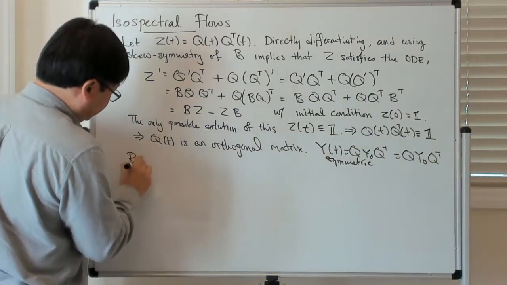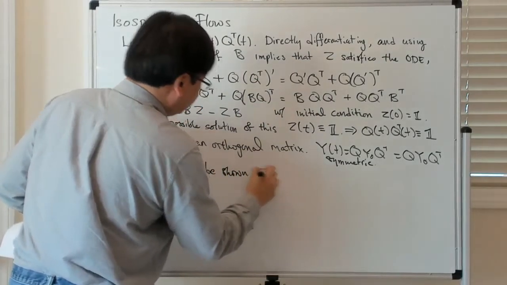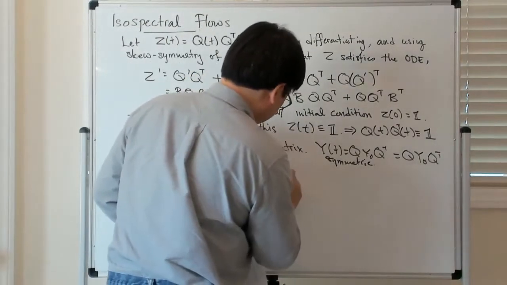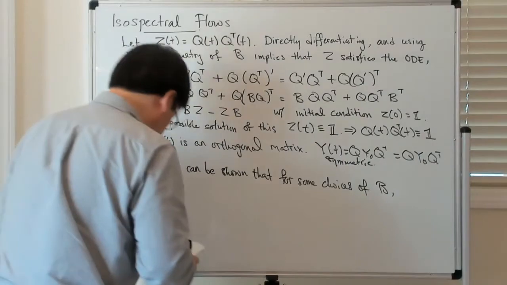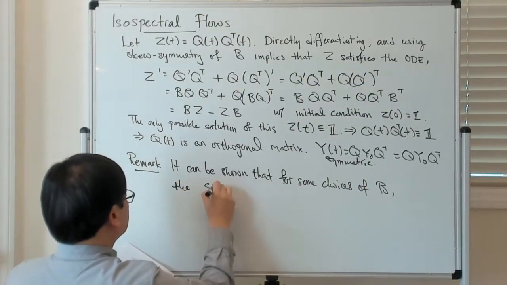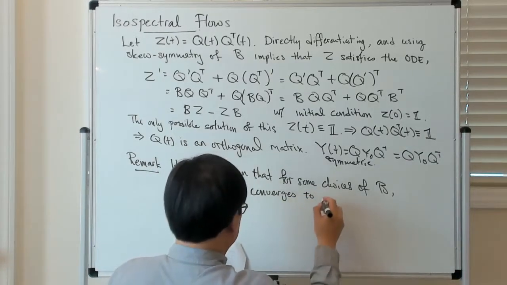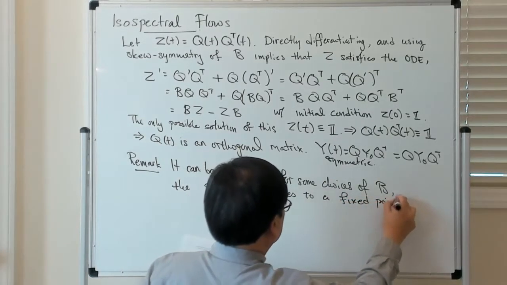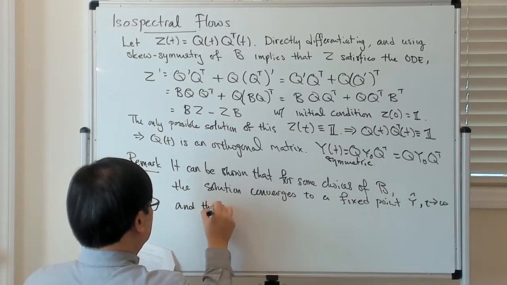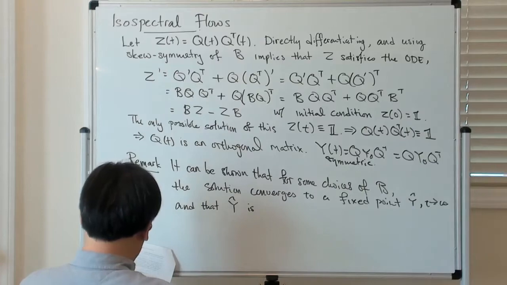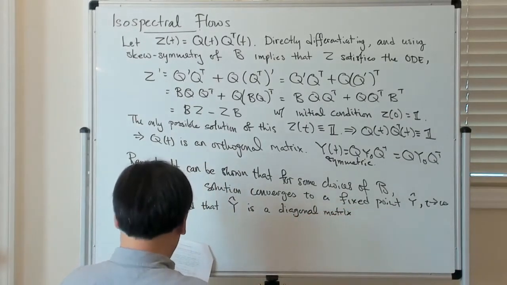It can be shown that for suitable choices of this B function, the solution converges to a fixed point, let's say Y hat, as t goes to infinity, and that Y hat is a diagonal matrix consisting of all the eigenvalues of Y0, of course.